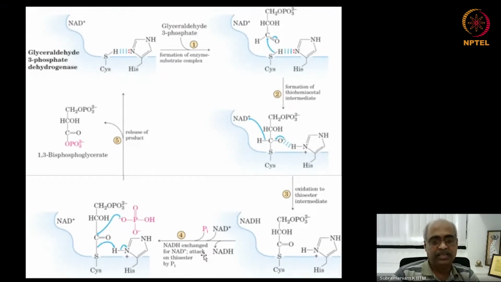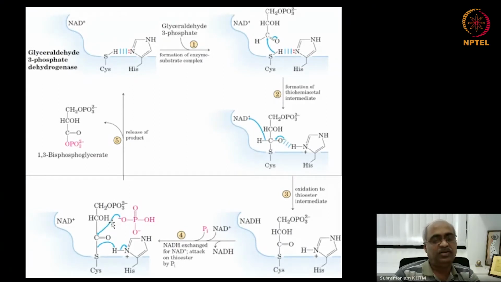And subsequently, the reduced NADH is replaced by an NAD, and so the original state returns. And a phosphorolytic cleavage, instead of hydrolytic, where it is water, here it is inorganic phosphate. And there again, this partial positive charge in this carbonyl makes that readily possible.